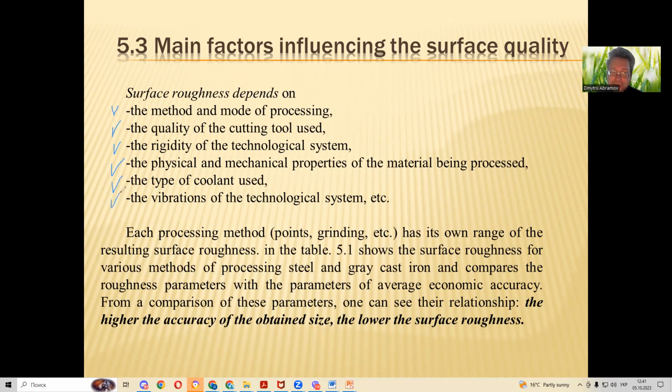The vibrations of the technological system, etc. Please write down in your notes all these factors that influence the surface quality.